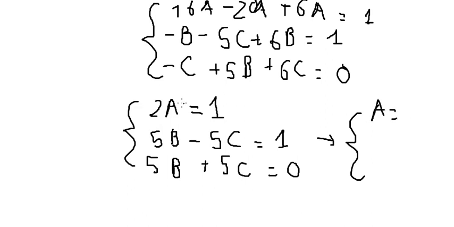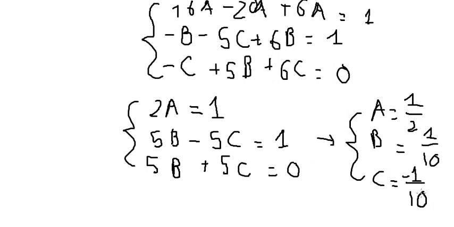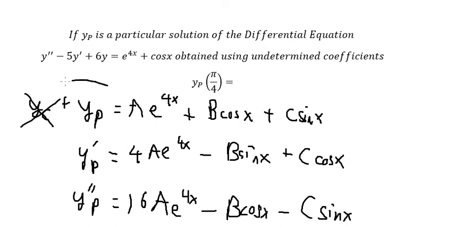A equals, we divide both sides by number 2, 1 over 2. B equals 1 over 10. And C equals negative 1 over 10. Now we have A, B, C. We go back to this one in here.